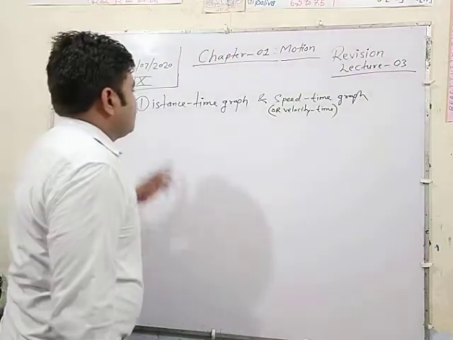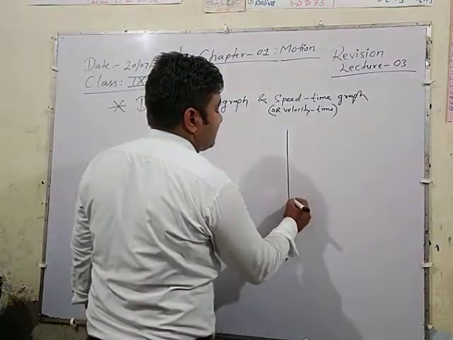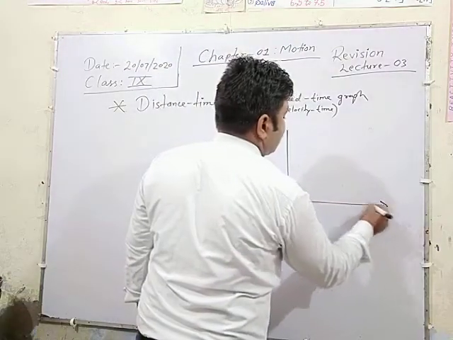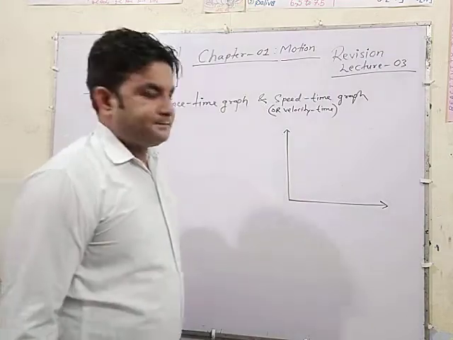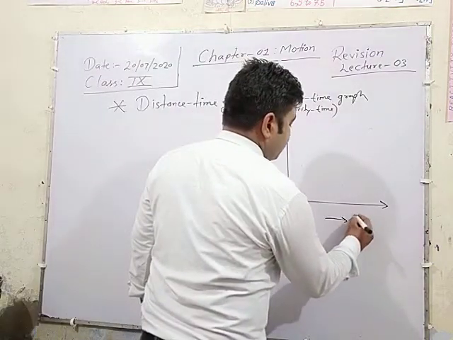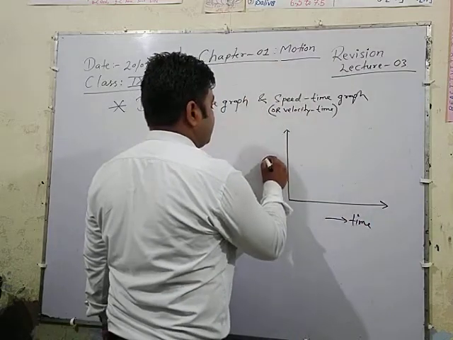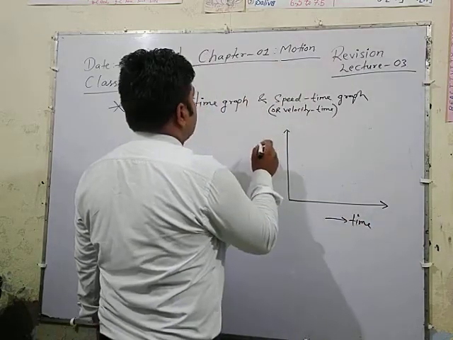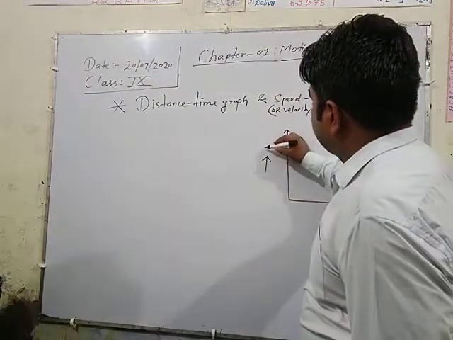Just see the distance time graph. The y-axis is representing distance and the x-axis is representing time. This is the time axis and this is distance, or you can say displacement, no matter.